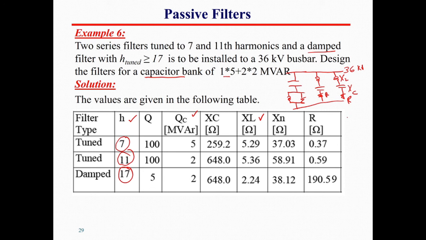So we know that quality factor will be given as R over XN. So then R will be Q times XN. So over here we need to calculate XN. If you multiply Q times XN, that should give you the value of the resistance.